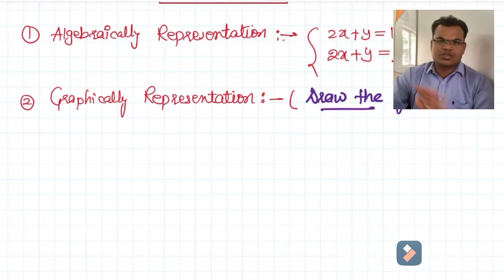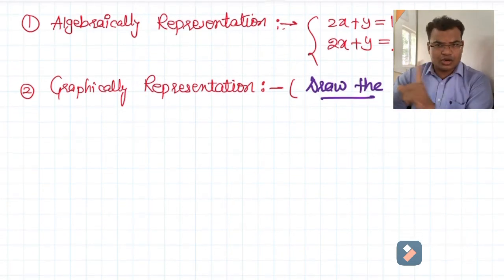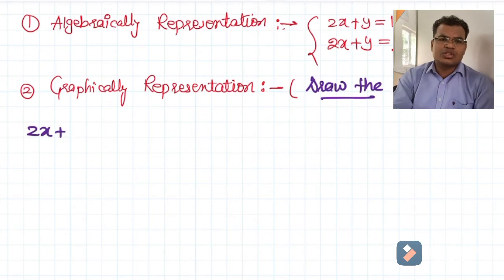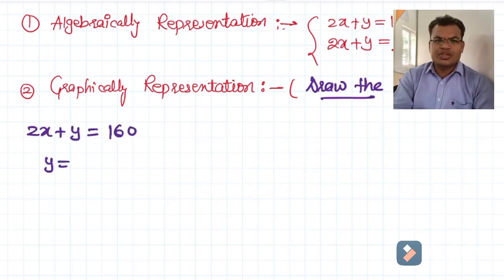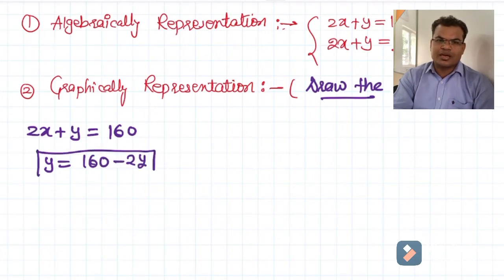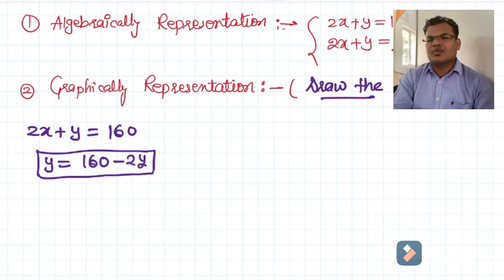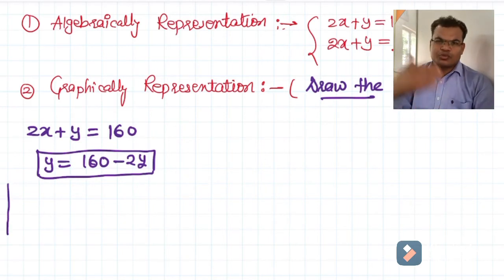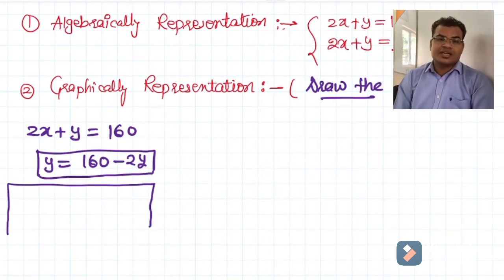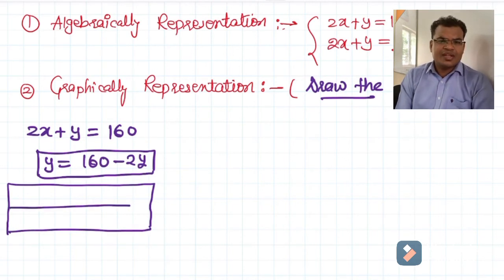Somebody was asking, so simply draw the graph, not the solution. Make the table for this. Quickly you can write y equals 160 minus 2x. So put the values of x and get the values of y. My table is ready here, x and y. I can put the values here fast.